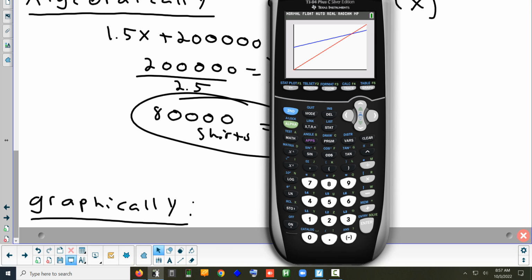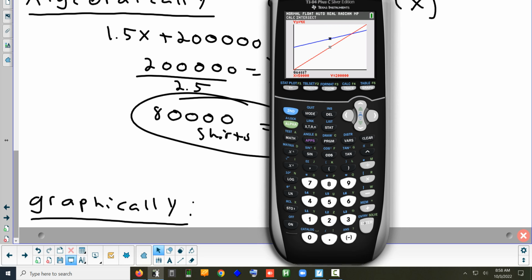Okay, anybody remember how I calculate an intercept? Like what do I have to press? Matt? You press second and trace, and then you go to 5. 5, yep. Okay. And now what? I think it's fine if you just press enter where it is now. Yep. And then you press enter again.